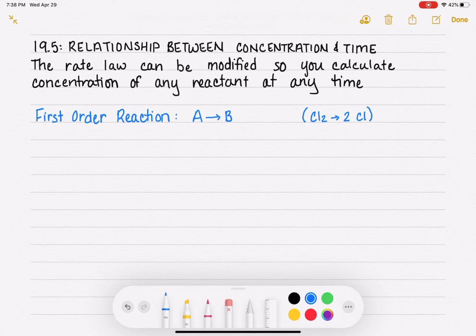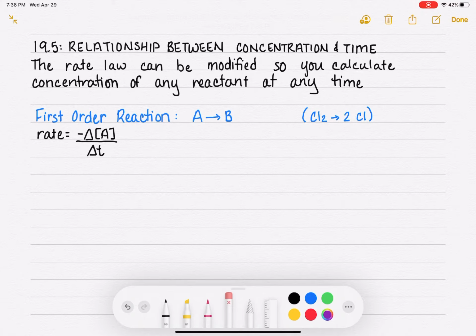And for this really generic first order reaction, the very first thing that we looked at was the average rate, which we said we would calculate by taking the negative change in the concentration of A over the change in time. And we talked about where that came from, why there's a negative sign, all that stuff.